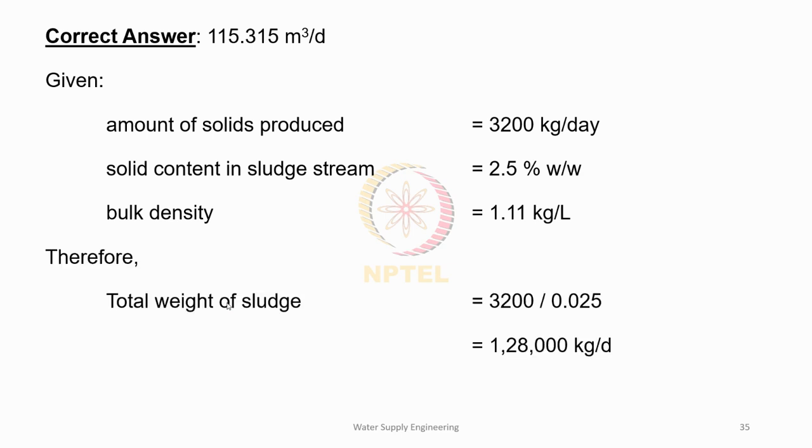So the total weight of sludge will be equal to 3200 divided by 2.5 percentage, that is 0.025. So per day the total weight of sludge is 1,28,000 kilogram per day.